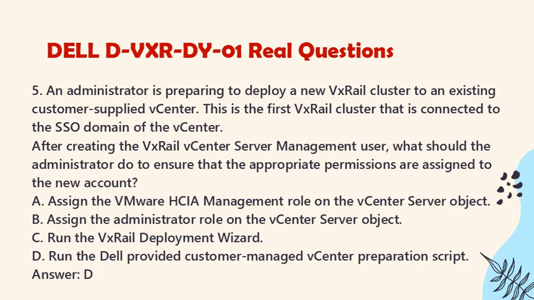A. Assign the VMware HCIA management role on the vCenter Server object. B. Assign the administrator role on the vCenter Server object. C. Run the VxRail deployment wizard. D. Run the Dell-provided customer-managed vCenter preparation script. Answer: D.